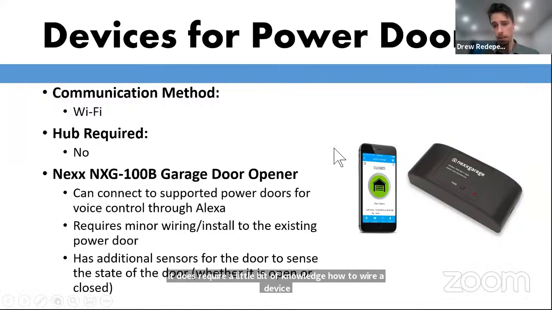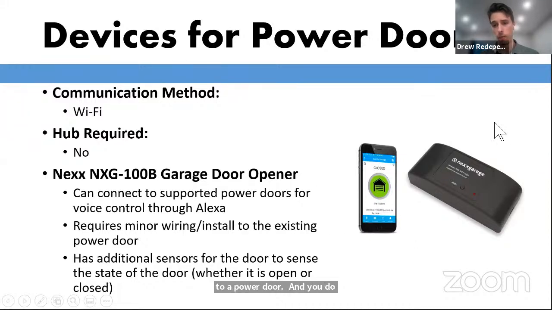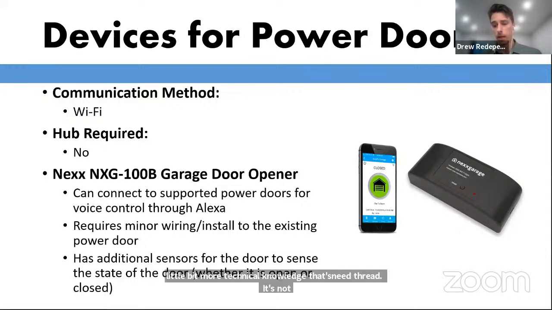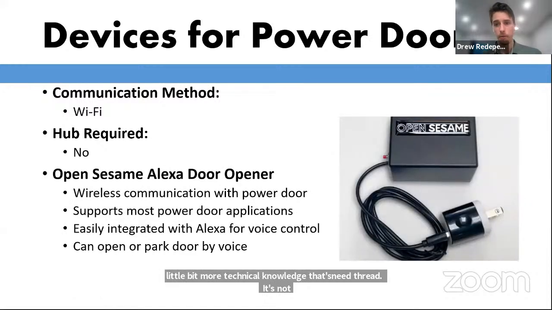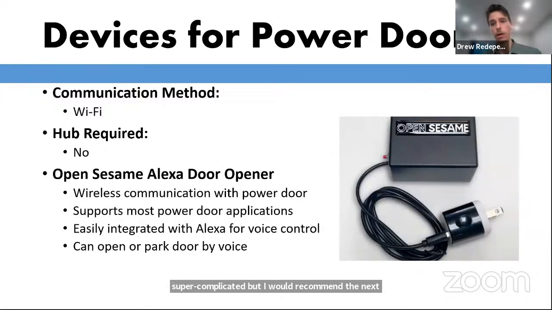You do have to get the spec sheet for their current power door and know how to wire this device into it, and then link it to Alexa for voice control. So there's a little more technical knowledge needed there. It's not super complicated, but I would recommend the next application over this one because it doesn't require as much setup as the Nexx garage door opener.